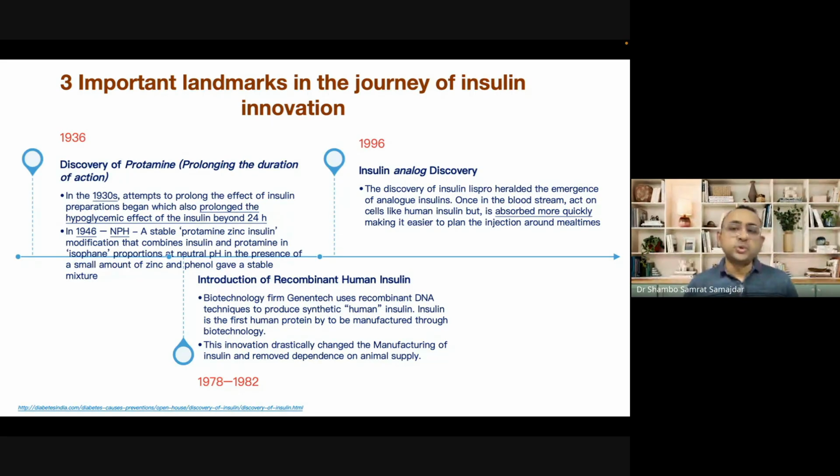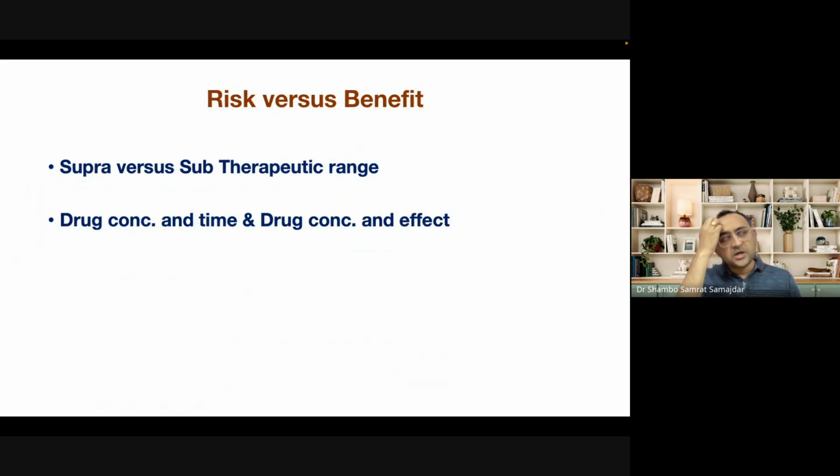And why are insulin analogs important? Because of their pharmacokinetic characteristics, they match real-time, natural insulin secretion from the pancreas.